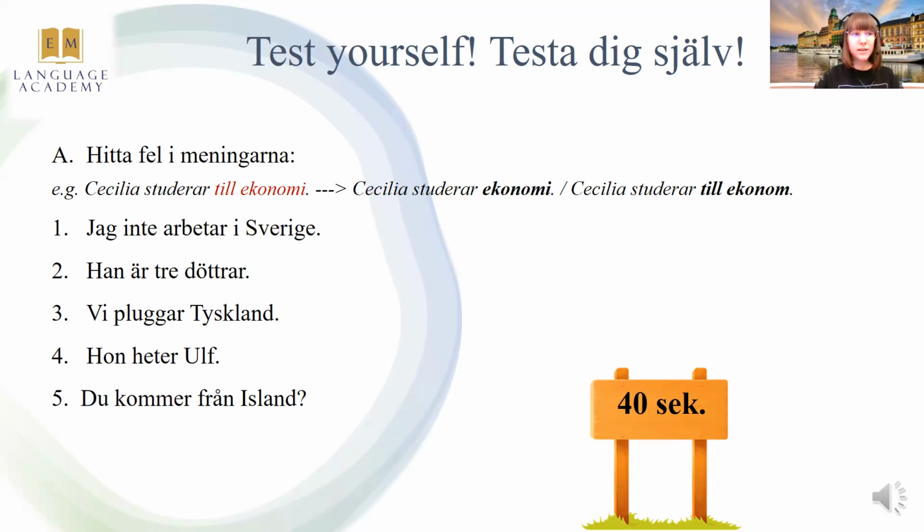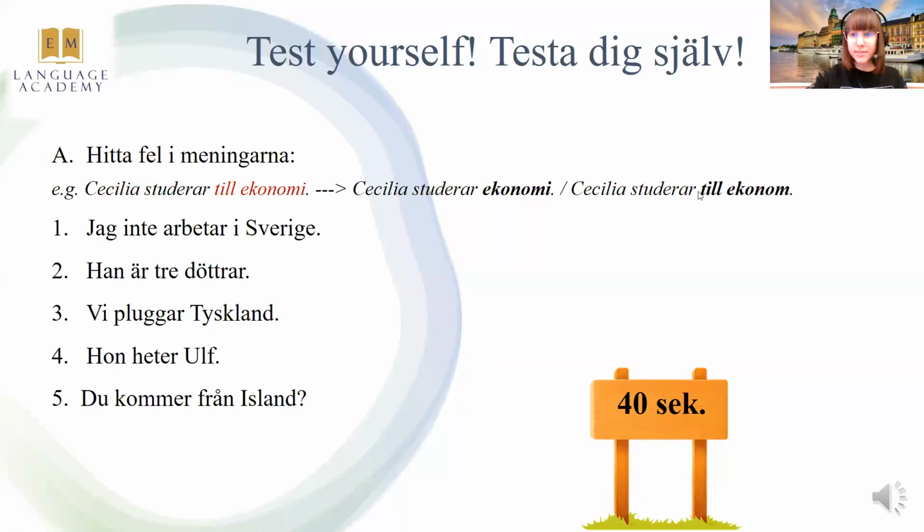So the correct answer is either Cecilia studerar ekonomi or Cecilia studerar till ekonom. If we want to stick to this word economy, that is, leave the subject, economics, we delete the preposition, right? Because we're saying that we are studying something. And Cecilia is studying economics.